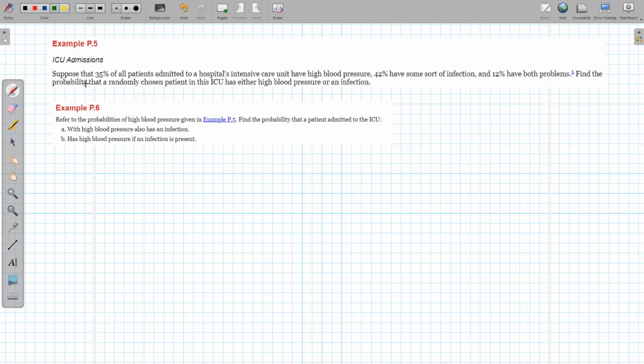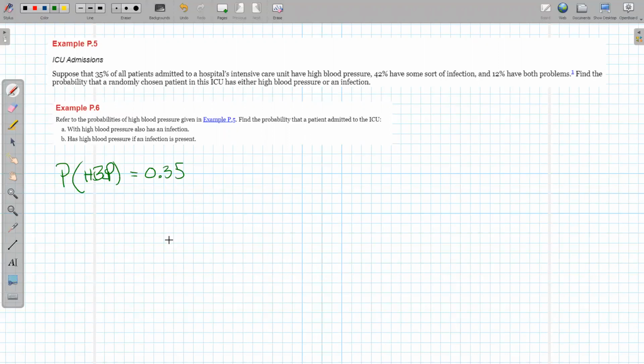So the information above, again, 35% of all patients. If I wanted to summarize that, there's a few ways I could do that. I could write P for probability and high blood pressure. They abbreviated that later, didn't they? So I'll just call it high blood pressure. And I could either write that as a decimal, 0.35, or as a percentage.